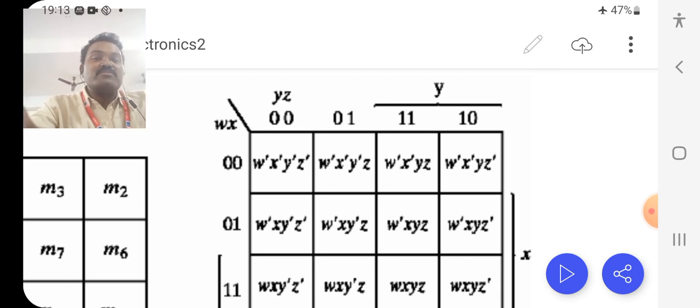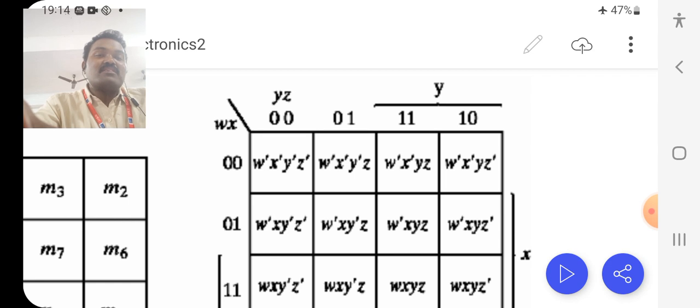Then going to the second cell. Consider the row and the column. The row is 0, 0 and column wise is 0, 1. Here 0 is W and 0 is X, and 0 means the inverse of that variable, so W bar, X bar.